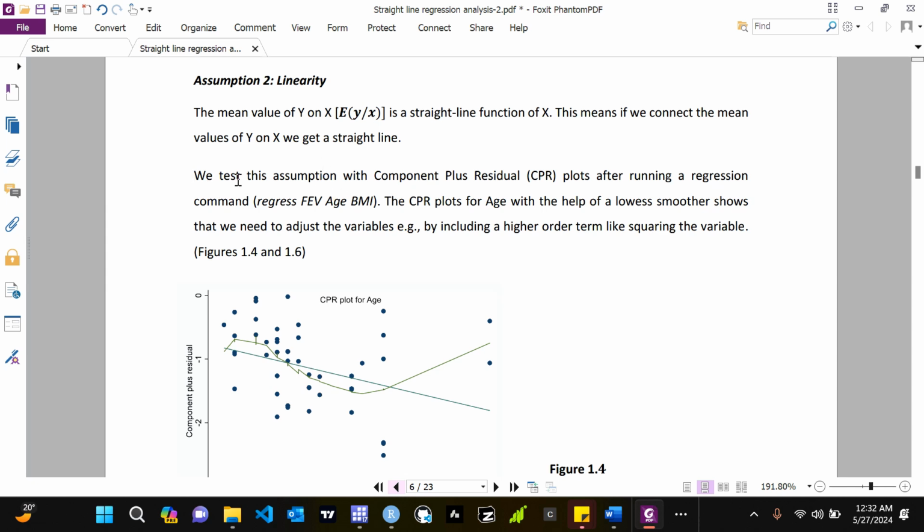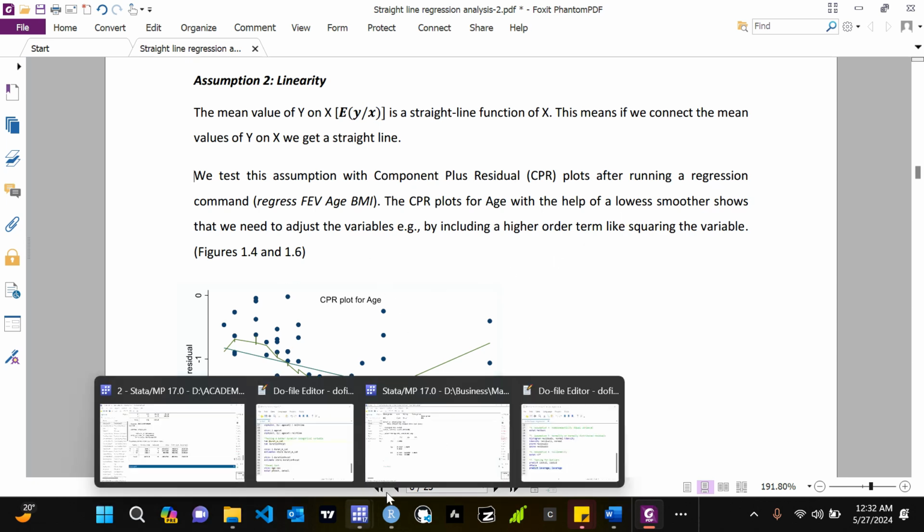For that, we shall test this assumption using the component plus residual plots, or the CPR plots. We first run our regression line, then we plot the CPR plots using a lowess smoother. A lowess smoother helps us to determine the trend line.